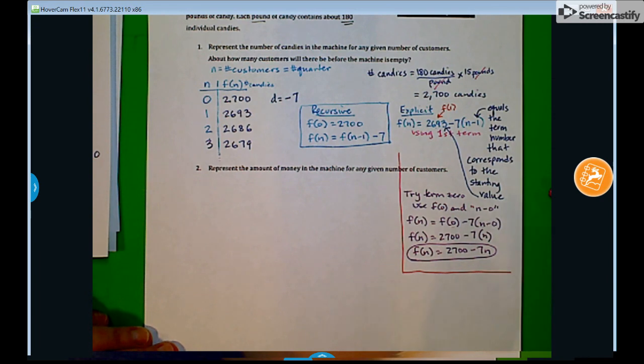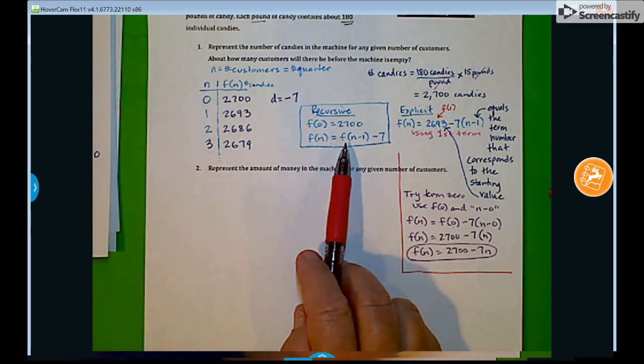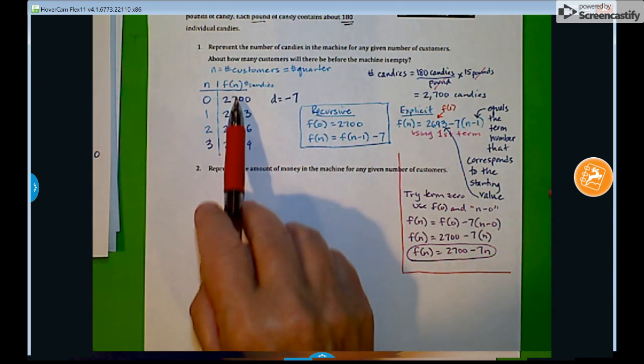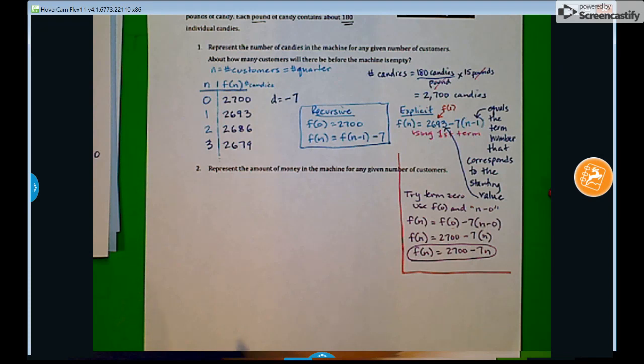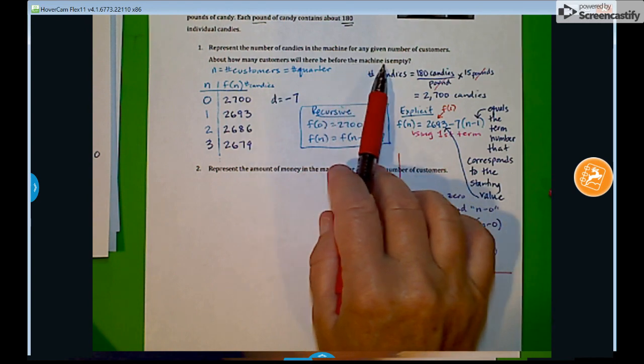So now at this point, we could figure out for any number of customers how many candies would be left in the machine at any point in time. But actually, a simpler way to answer the question, how many customers will there be before the machine is empty?